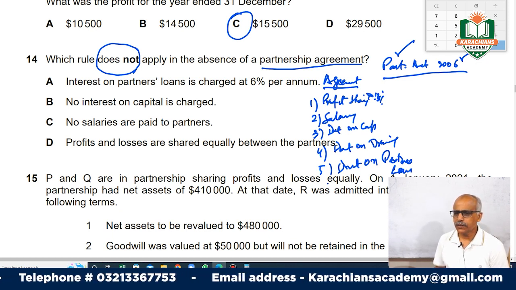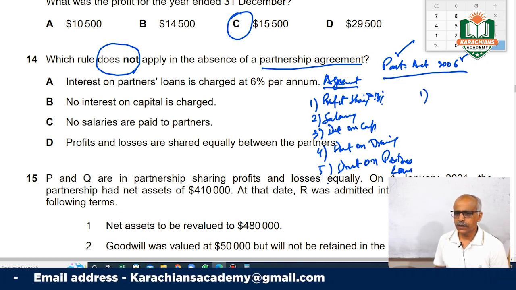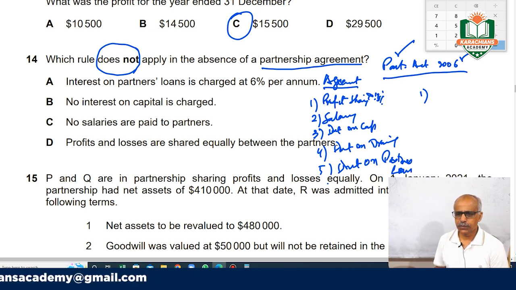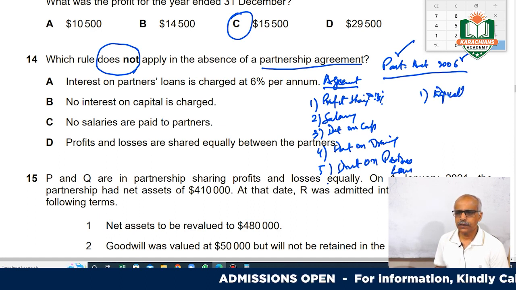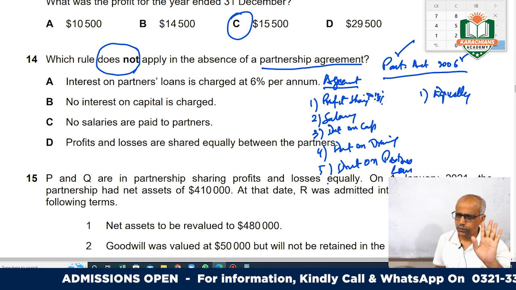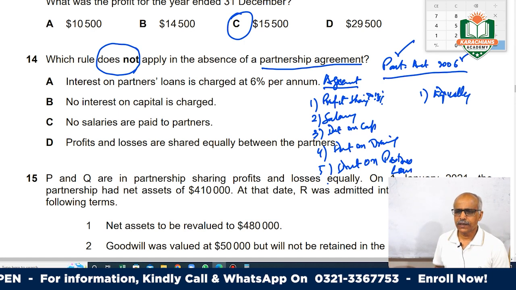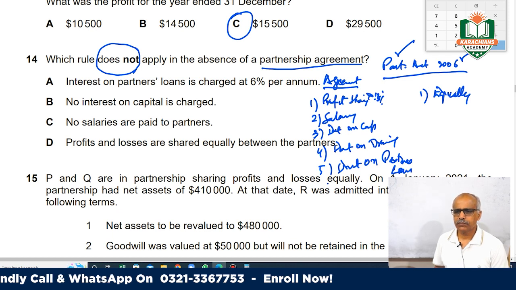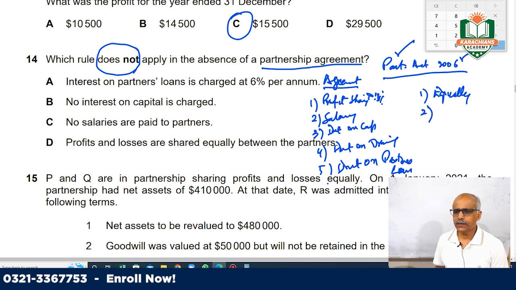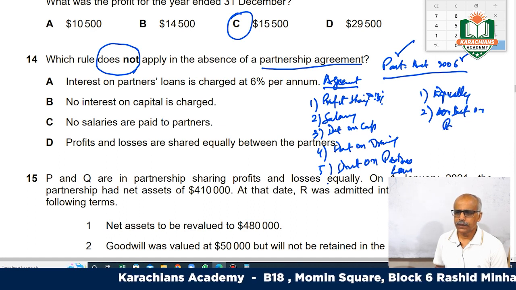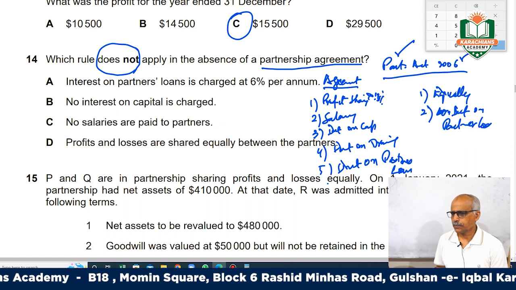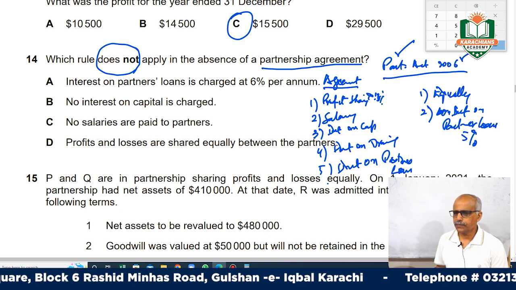But the Partnership Act provision says profit can only be distributed equally. There are only two conditions you have to follow; the rest, the Partnership Act declines. Number two, it says only interest on partner loan, and that is only 5%.